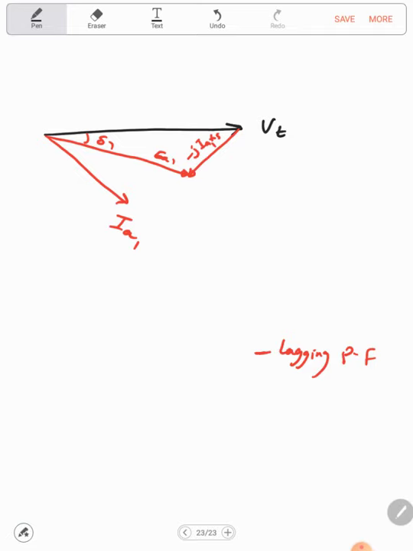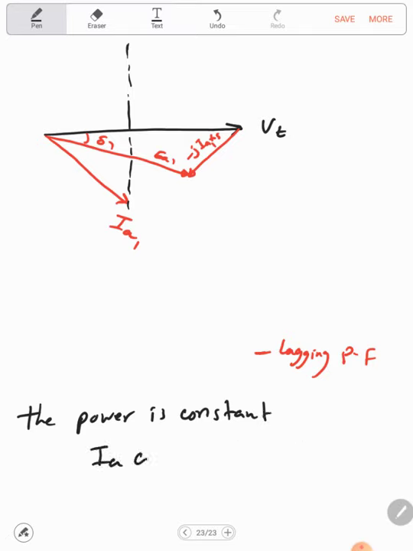We are assuming that the power is constant, so this means that IA cosine theta must be constant. Why? Because V terminal is constant, and we know that the power in a three-phase system is equal to 3 VA IA cosine theta.